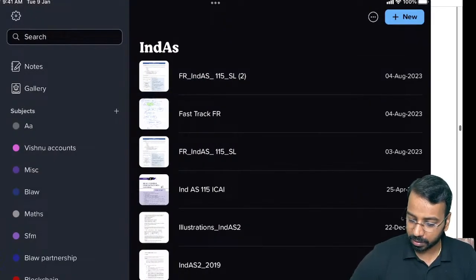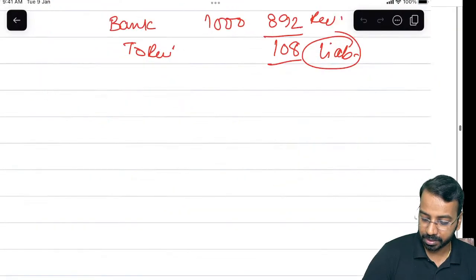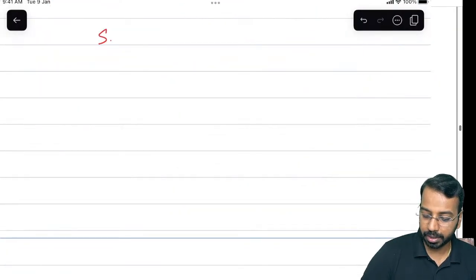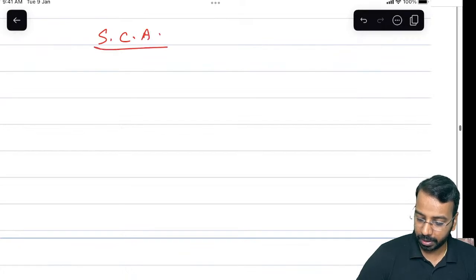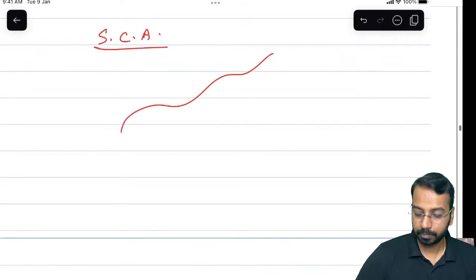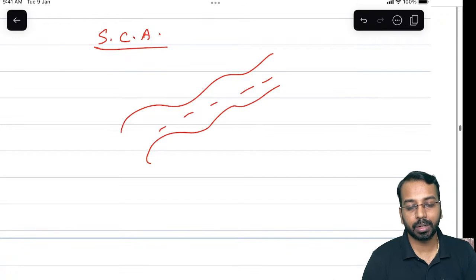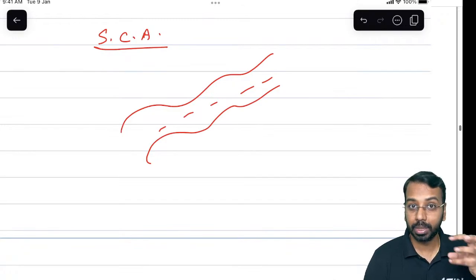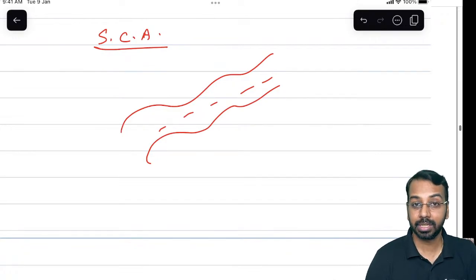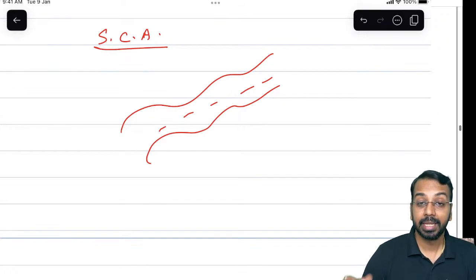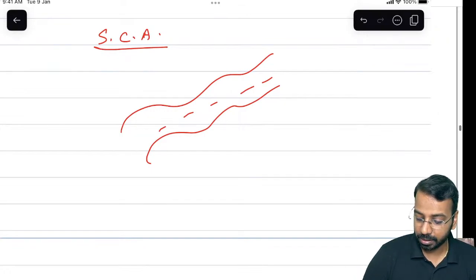Now, what is a service concession arrangement? Generally, if you see roads being built, you have something called a tolling company who builds and operates the road.